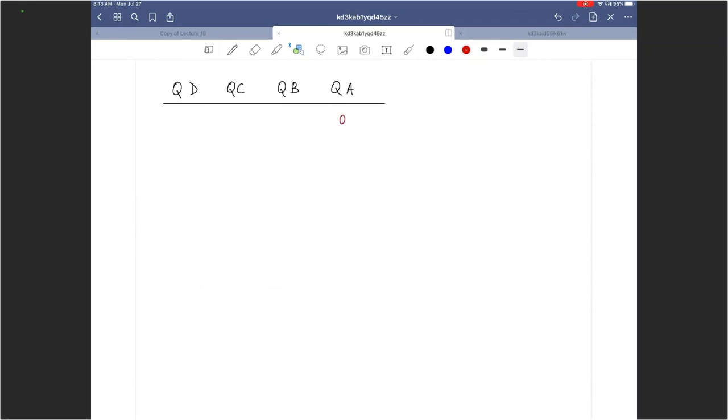QA is the least significant bit. So it's going to go 0, 1, 0, 1, 0, 1, and it is going to keep doing that for 16 rows in a free running setup.